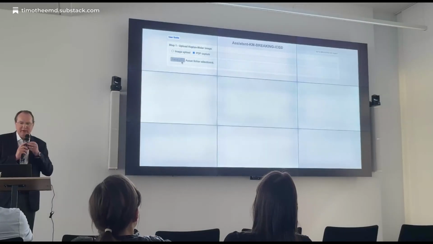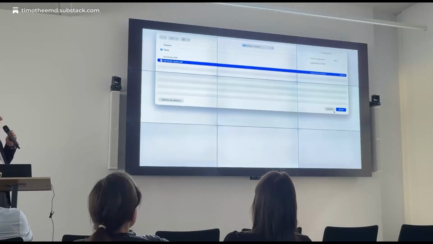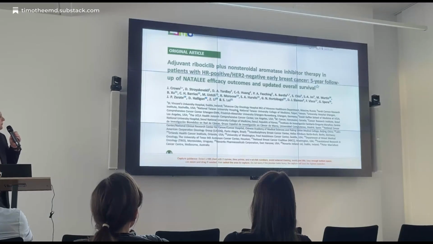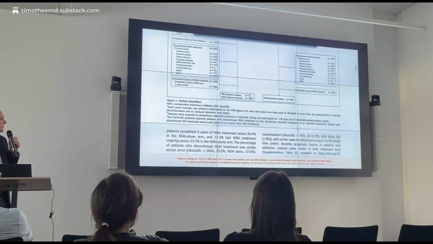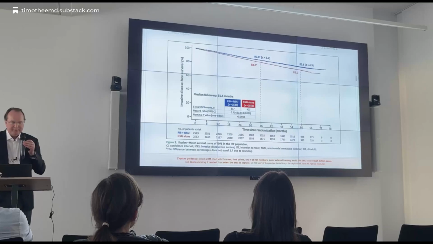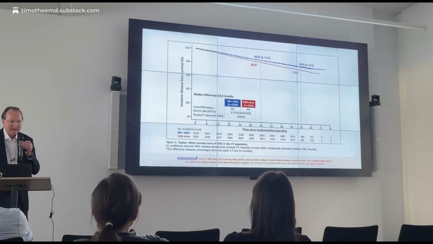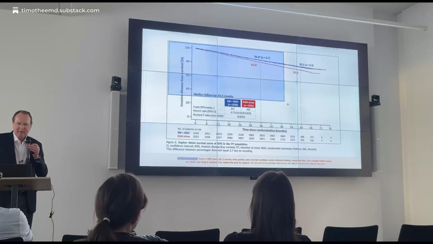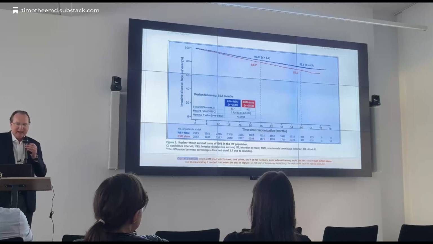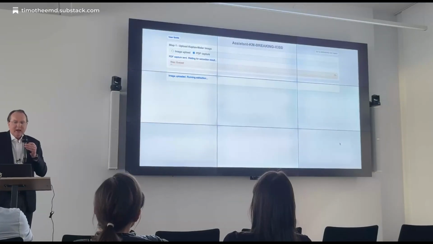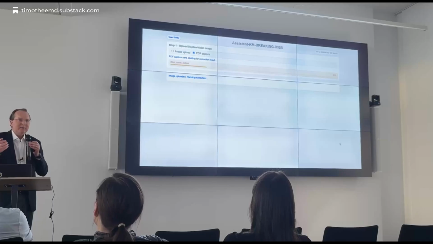Okay, so you select your PDF. Now you go in your PDF, you have some capture guidance, and based on this capture guidance, you will capture your Kaplan-Meier plots, and you will have an automated extraction, and it will abstract a lot of things.